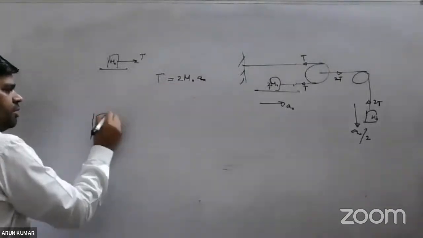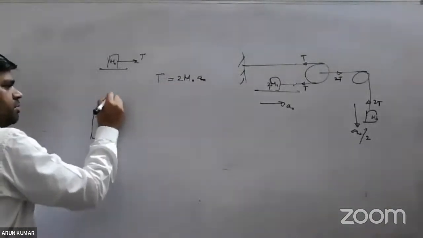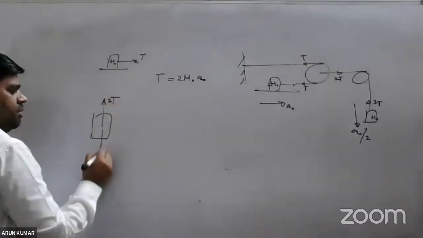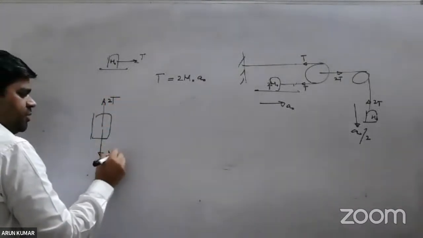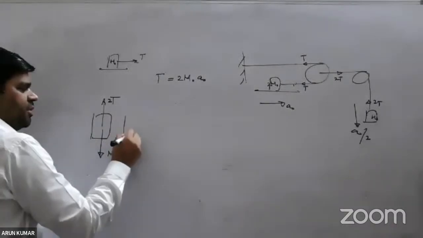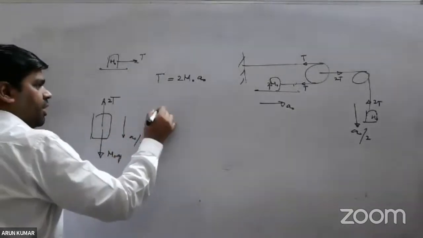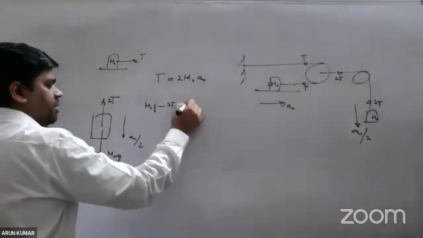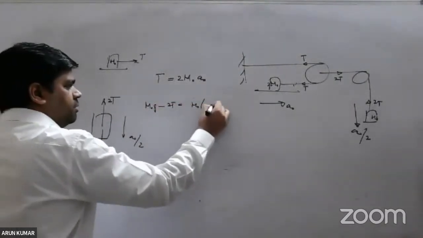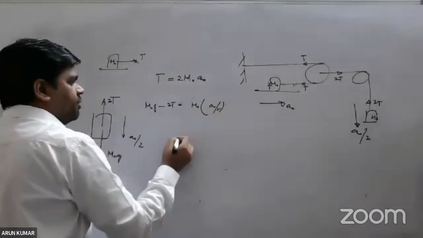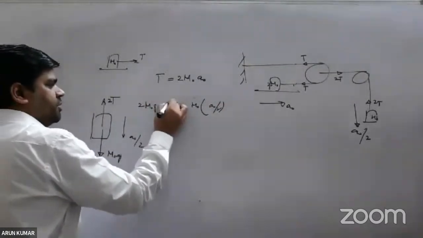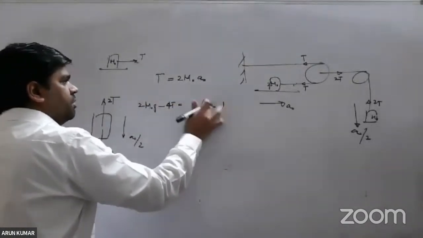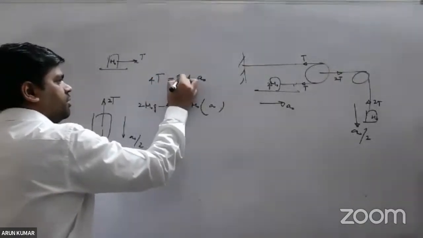For the lower block, this is 2T, and this is M naught G, and acceleration is A naught by 2. So I'll have M naught G minus 2T is equal to M naught into A naught by 2. So I multiply this with 4.